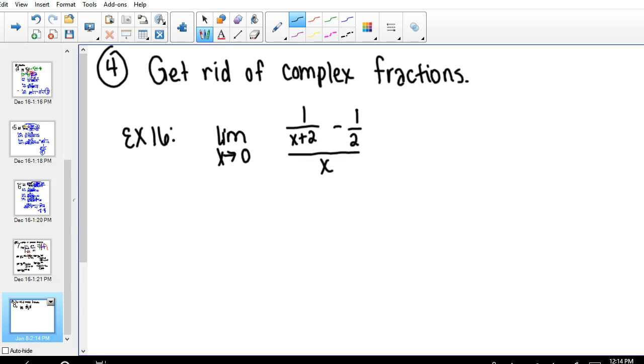And so your goal here is to get rid of the complex fraction. So if you get rid of the fraction inside of the fraction, then that will probably make it where you can find the answer. There's a few ways that you could do this. You could get common denominators on the top and then flip and multiply. Or the way I would probably do this is you could put that x over 1, and then dividing fractions is easy as pie.